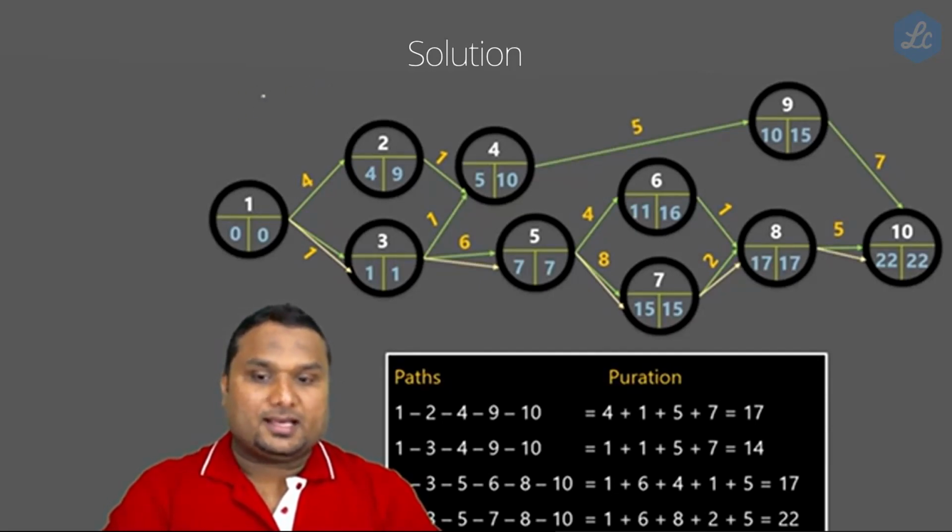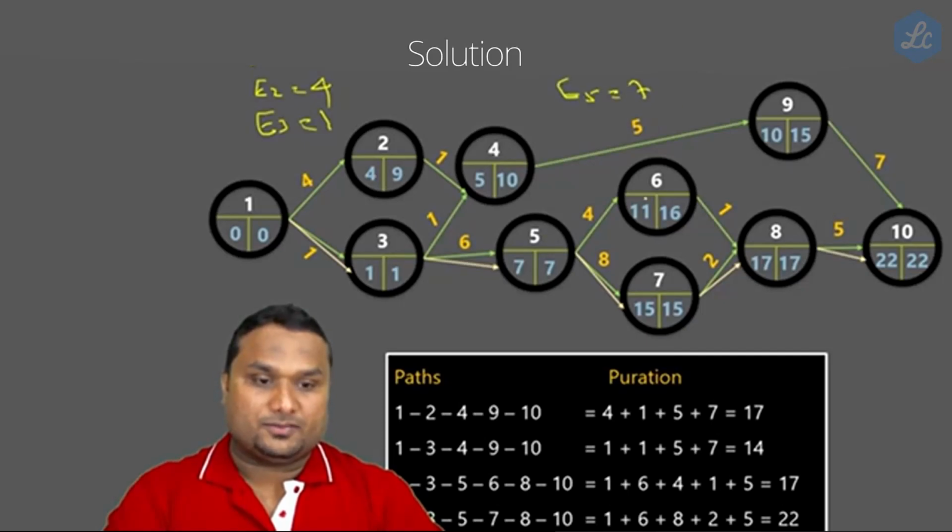The earliest event is called E1. You can write E1 equal to, what is the left side of 1? E1 equals 0. E2 equals 4, the left side of 2. E3 equals the left side of 3, which is 1. It is called the earliest event. E4 equals 5.